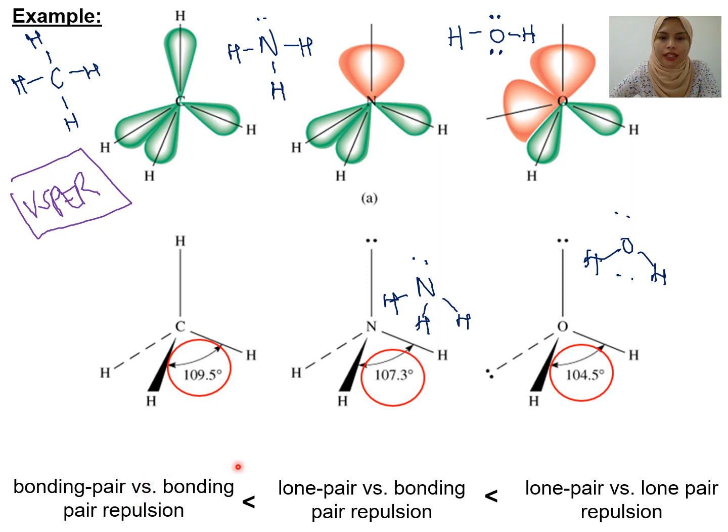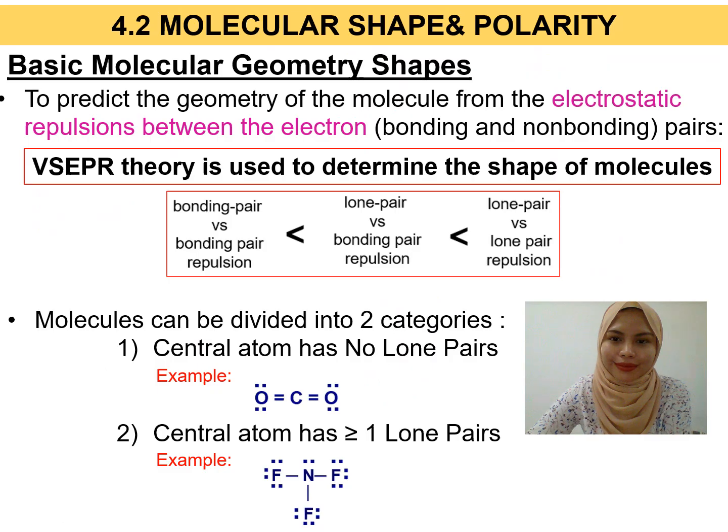And when there is a lone pair, because it is greater, the repulsion is stronger, so the electron pairs will be arranged as far apart as possible. That's why their bond angle decreases from the original bond angle as lone pairs increase. To know more about this, let's go through the next slide.